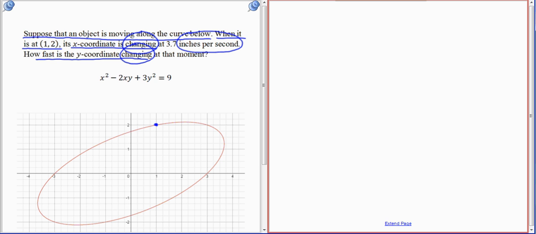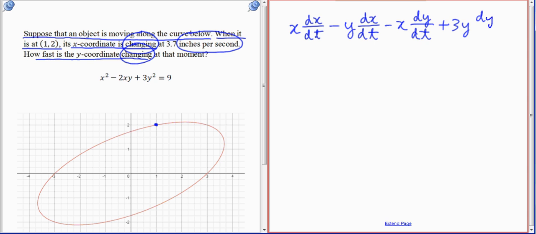That would give us x times dx/dt minus y times dx/dt minus x times dy/dt plus 3y dy/dt equals 0.